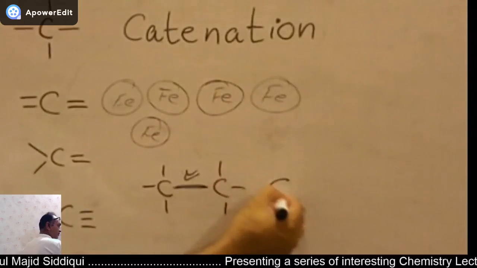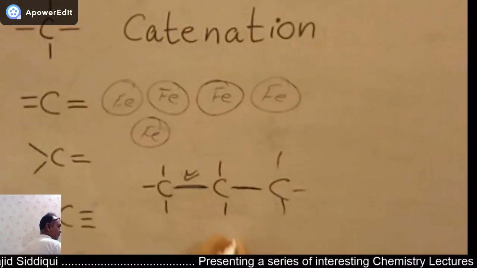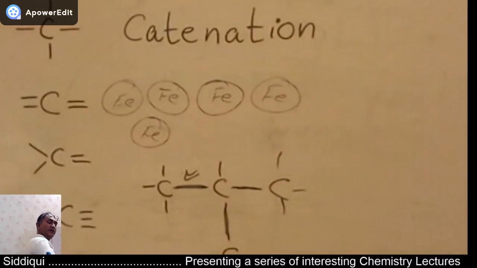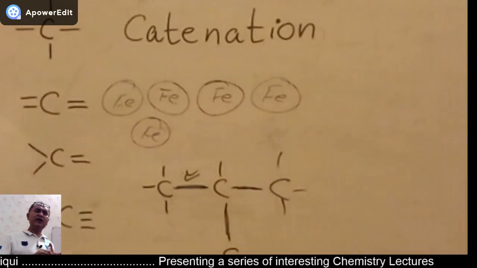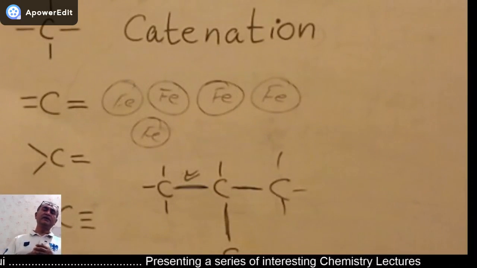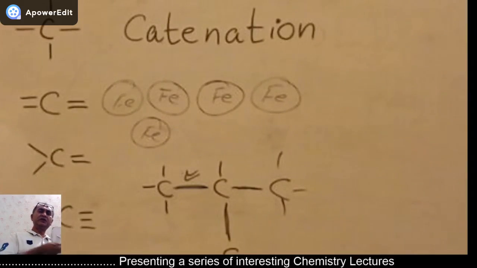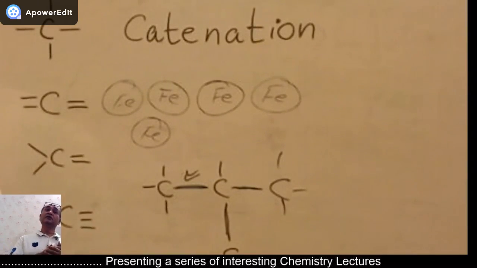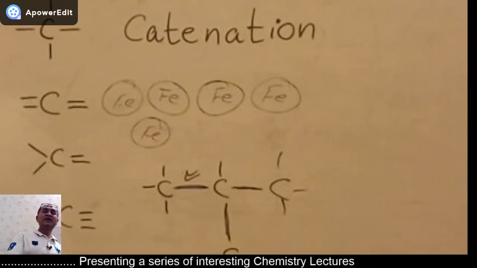If we have another carbon, they can develop another linkage. If we have another carbon, they can develop another linkage. Not only carbon, but also some other elements like phosphorus, oxygen, sulfur, silicon also possess the same sort of property called catenation.